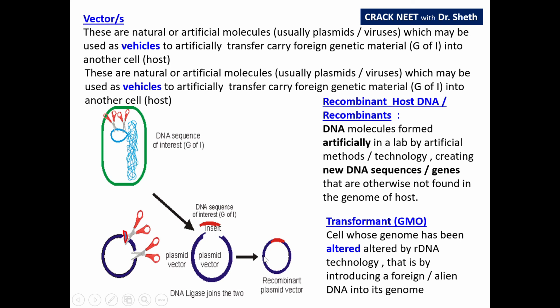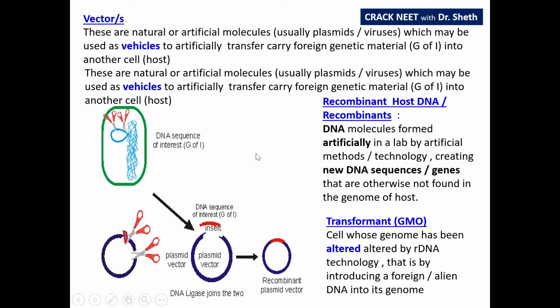And when this is introduced into a host, another bacterium or a eukaryotic cell, then we say that the host is transformed. And this transformed host which gets this recombinant vector is called a transformant.